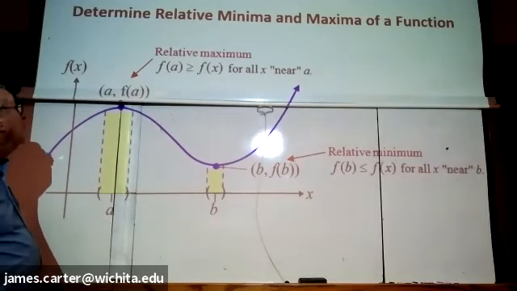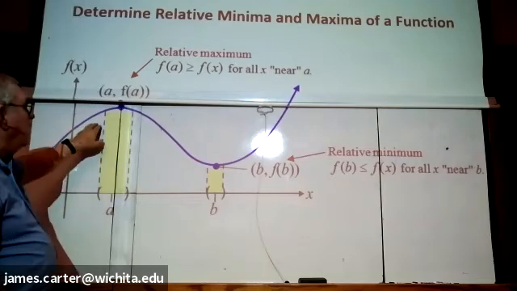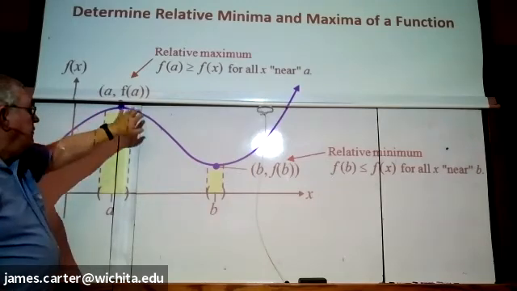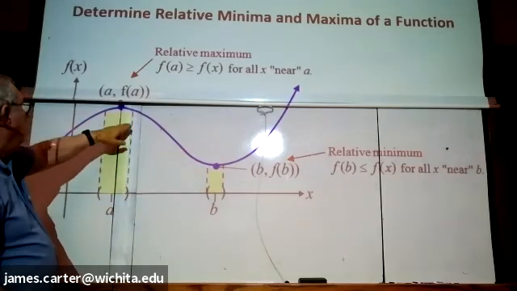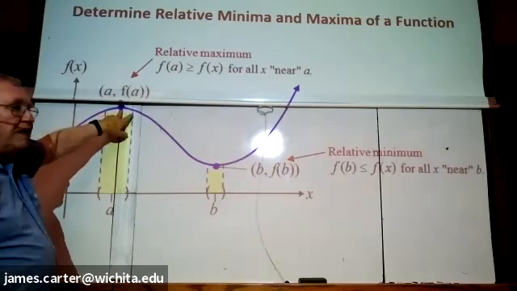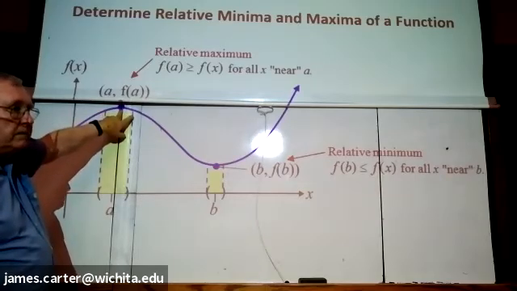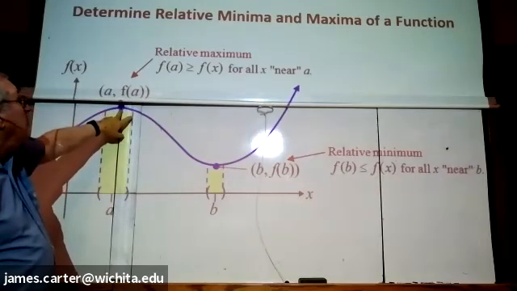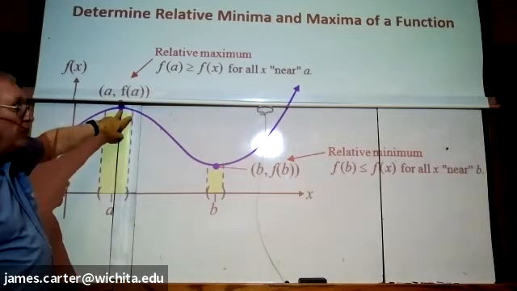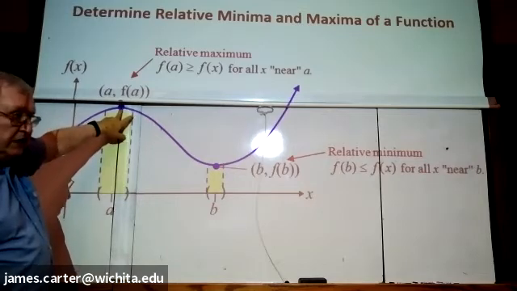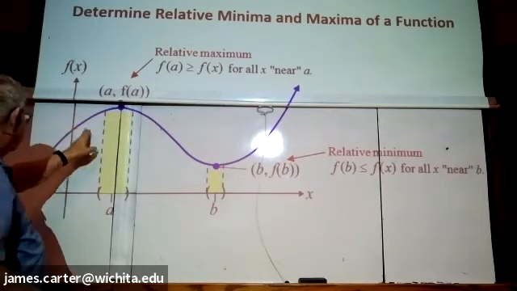Now, what this is saying is, compared to this whole graph, this is a relative high point or turning point. When they talk about relative maximum or relative minimum, they are talking about turning points.